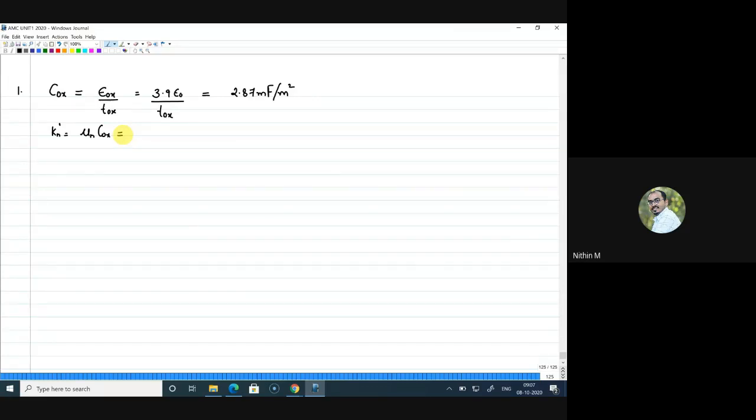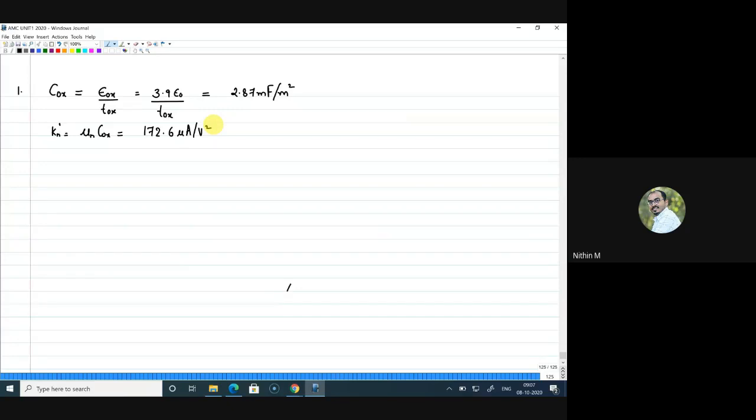I got a different value. Nishant, can you check again what answer you are getting? Probably you would have missed something. Answer is 172.6 microamps per volt square.